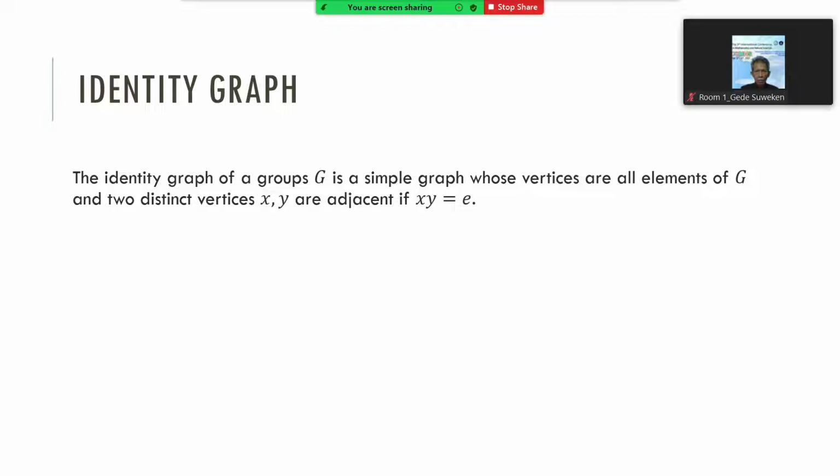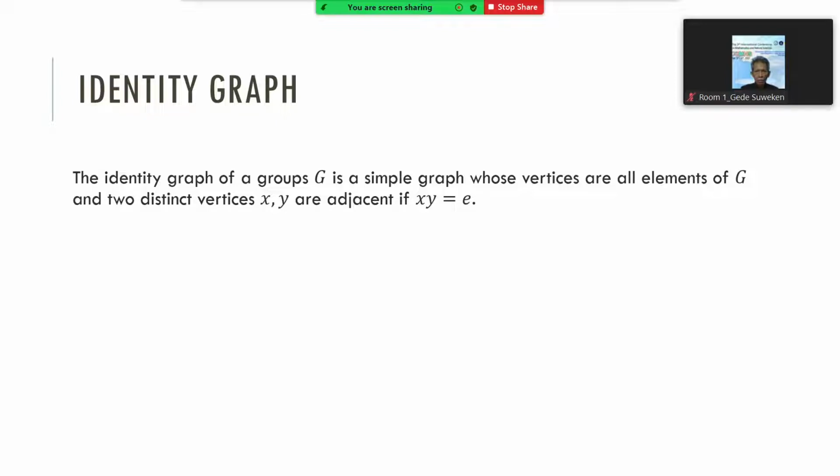By this definition, we know that the identity element cannot be adjacent to other elements. But in this graph, we define that every element of group G is adjacent to the identity.